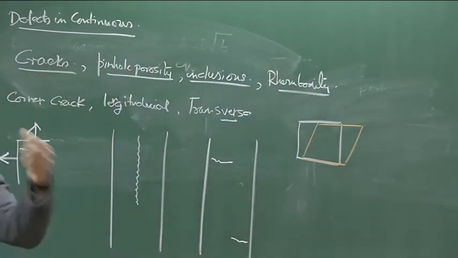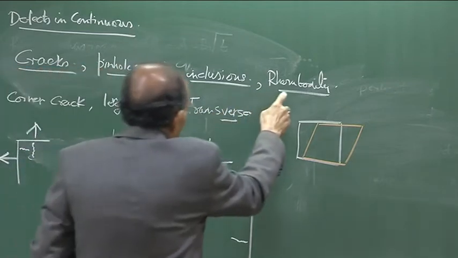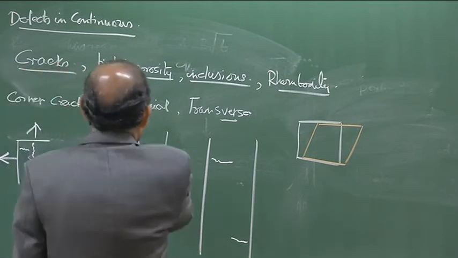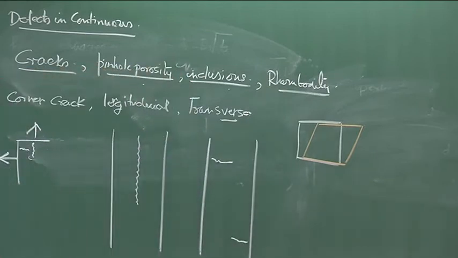You wanted to produce a square cross section geometry, but your cast geometry has changed. It is no more a square, and it has happened because of the deformation of the mould. And one such characteristic deformation is the rhomboidity, which is very frequent in continuous casting machines. So, these are mostly the defects which originate in continuous casting machines: cracks, pinhole porosities, inclusions, as well as rhomboidity.